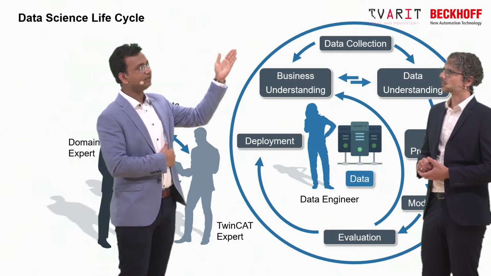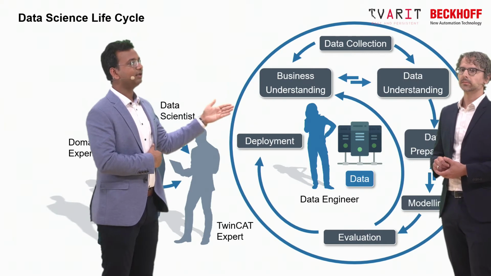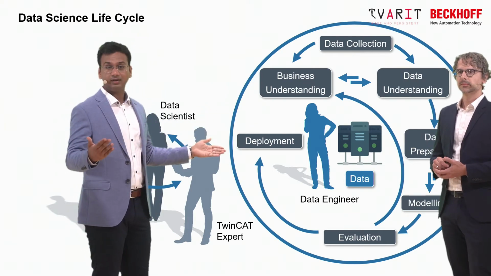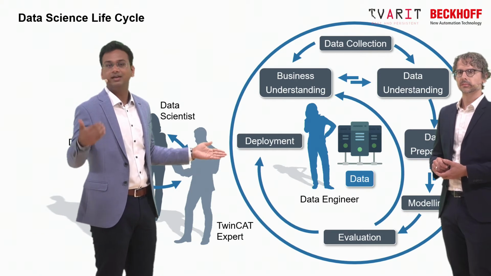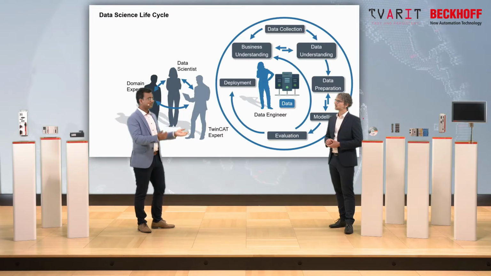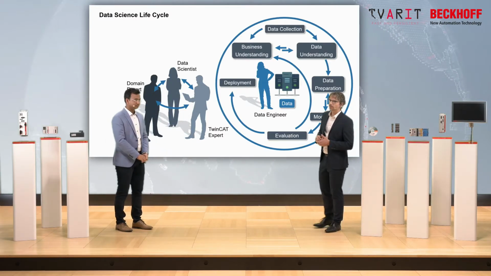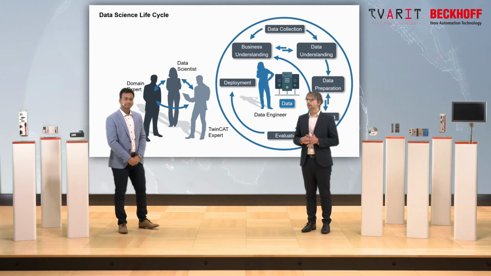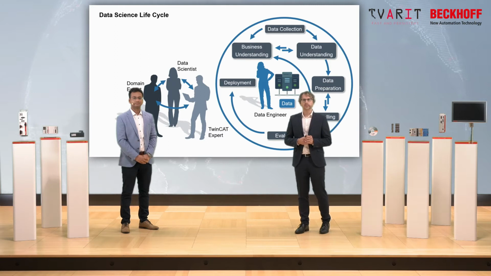Further, once we have the data, the 4th step is data preparation and AI modeling. Evaluation is also very important. How good is this recipe? We have to test this, otherwise we can't really deploy. And then finally comes the deployment. Let us understand the initial 3 steps from Fabian. Well, so of course, first of all, the business understanding has to be the key driver of the complete project.